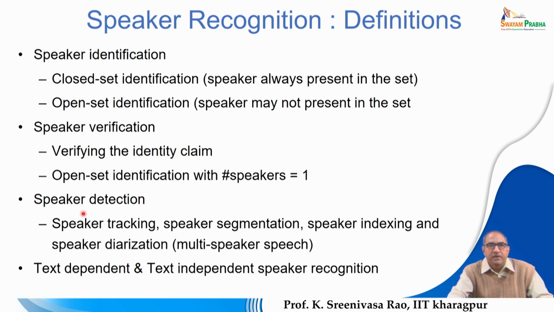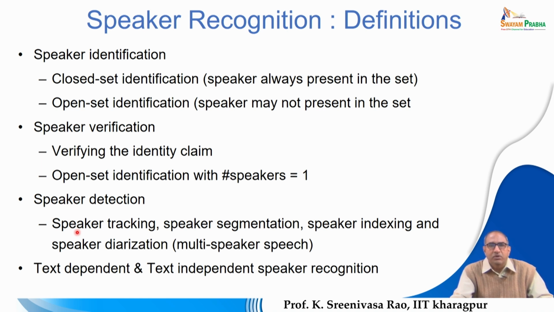Then speaker detection. For example, in the case of meeting environments, where several people are present in a meeting hall and people speak one after another in a systematic way, the speech collected through the microphone contains multi-speaker speech.